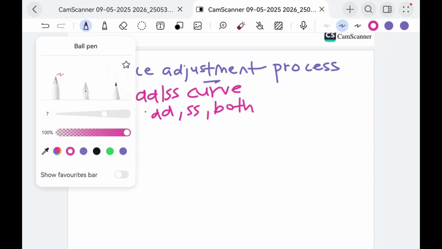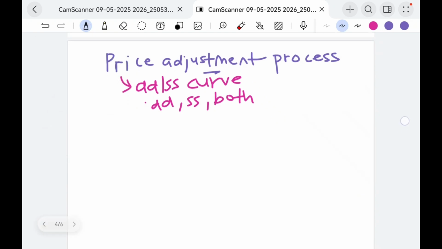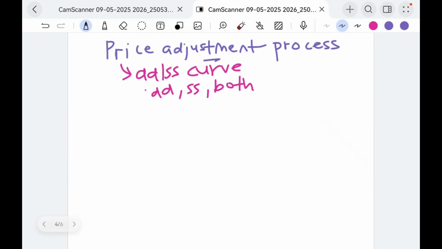Because when we look at the change in the price through your demand supply changes, we will denote it in your demand supply curve. So always label your graph properly: price, quantity.